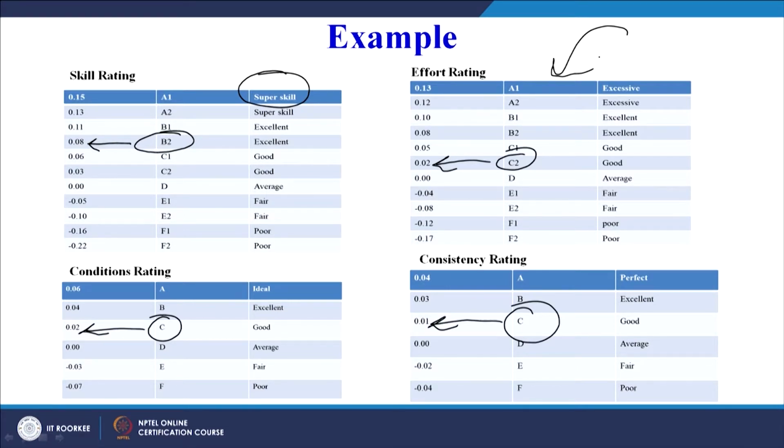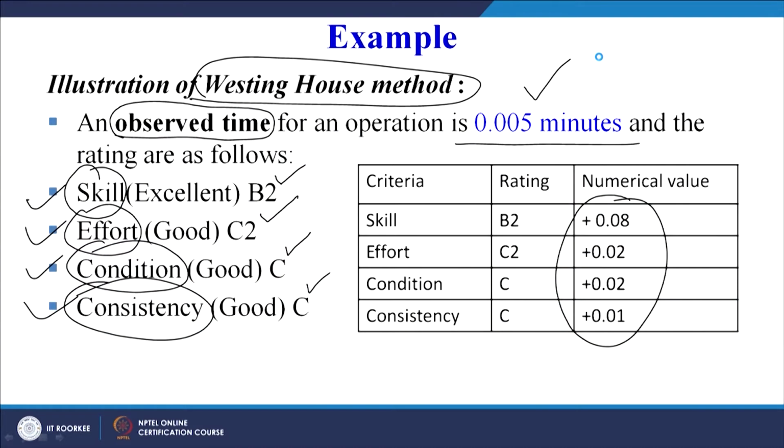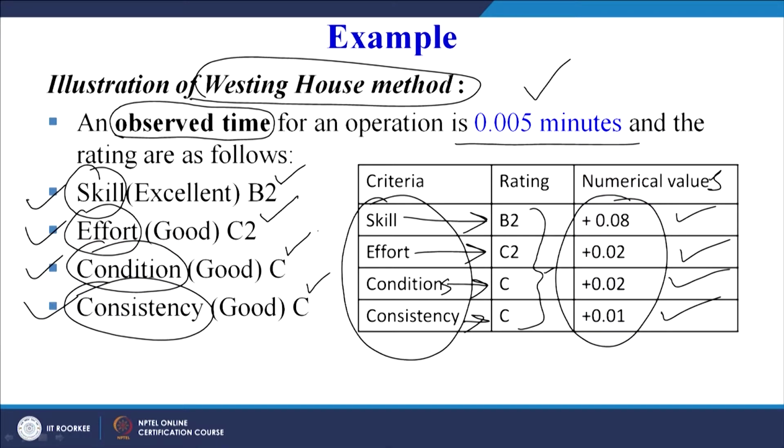So here you can see skill B2, effort C2, condition C, consistency C, and these are the numerical values taken from the table: plus 0.08, plus 0.02, plus 0.02, plus 0.01. So these are the numerical values that we have taken for all the 4 important factors which help us to calculate the rating factor. So we have to calculate the rating factor and then multiply it with the observed time.